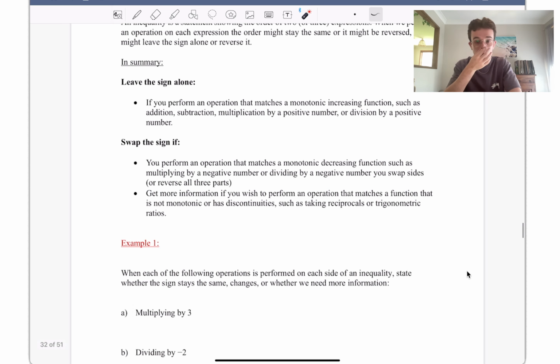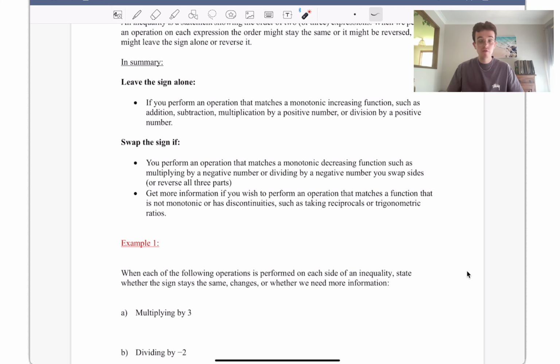So for example, we could say that x is greater than 4, which is greater than 2, because 4 is greater than 2. So we have x is greater than 4, then we could say greater than 2 in the next line, and it is still true because 4 is greater than 2.